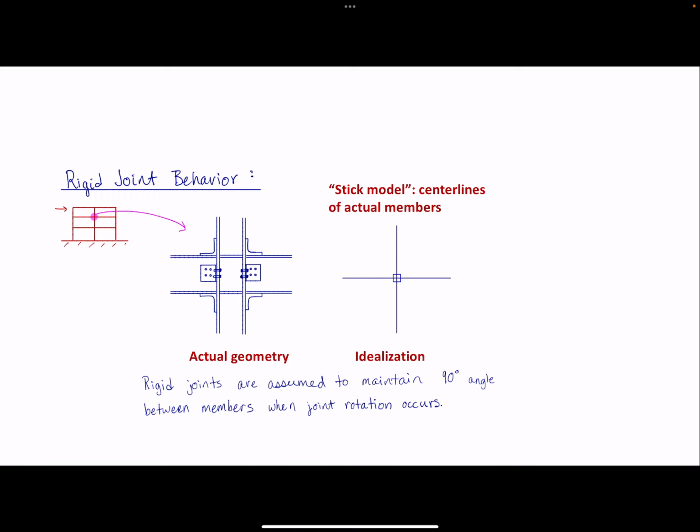In our analysis, we would replace that with a stick model, and we would assume that the rigid joint maintains 90-degree angles between the beam and column, right? So when the joint rotates, all the members have to rotate with it by the same amount and in the same direction.